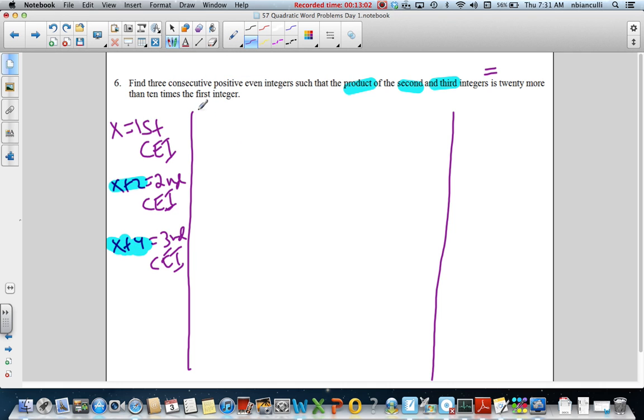By doing that, I have to surround them with parentheses. So I have x plus 2 times x plus 4 equals 20 more, so I'm going to add 20 to something, then 10 times the first. Well, the first is just the x. So if I want to do 10 times that, I'll just write 10x.